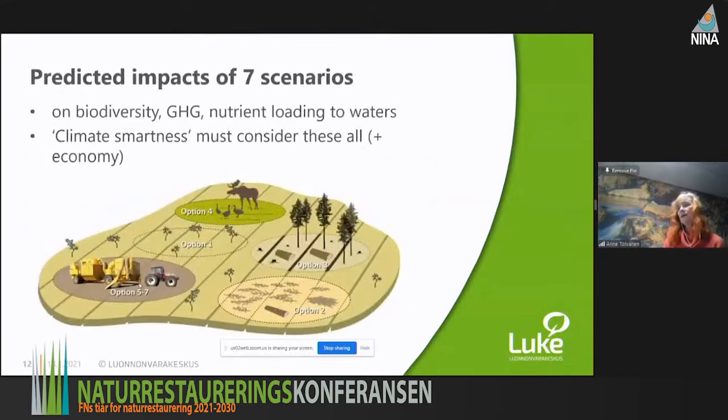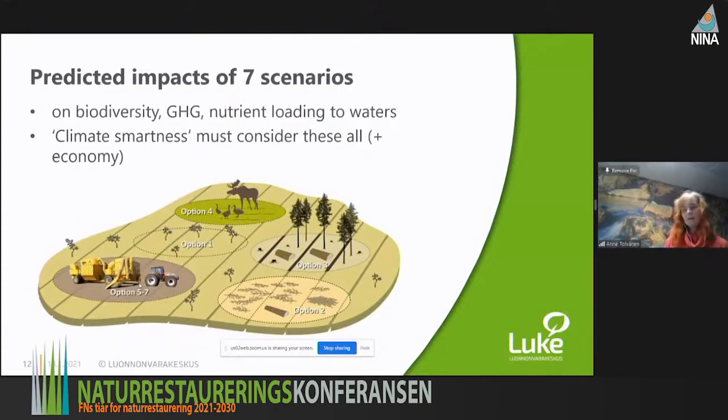So we had 7 land use scenarios, or land use options, which we simulated and predicted on these low productive peatlands. We predicted the impacts of these 7 scenarios on the biodiversity, on the greenhouse gases, and on the nutrient loading to watercourses.